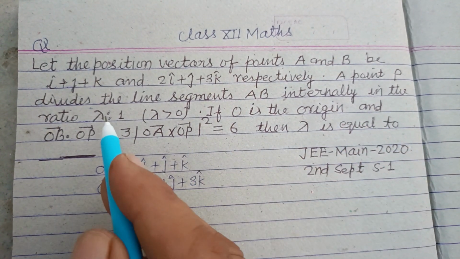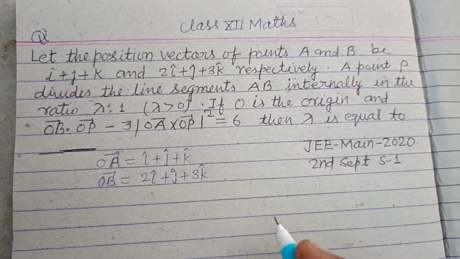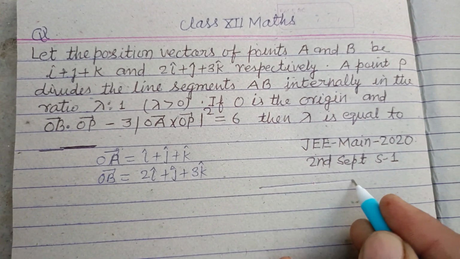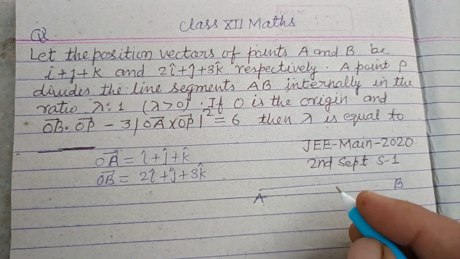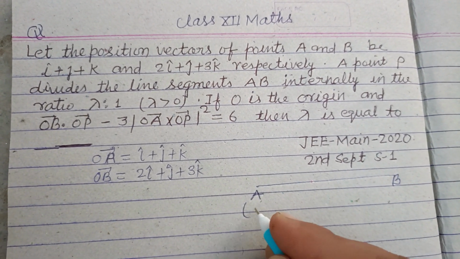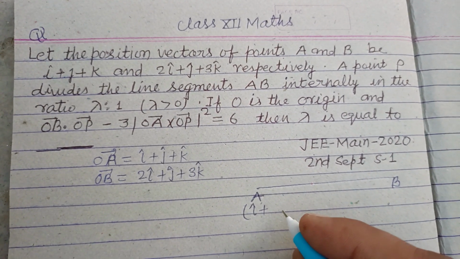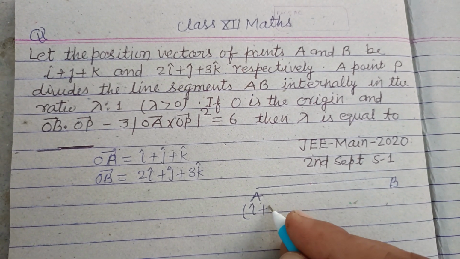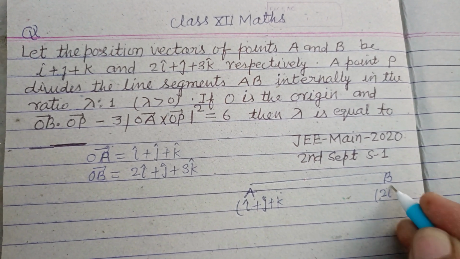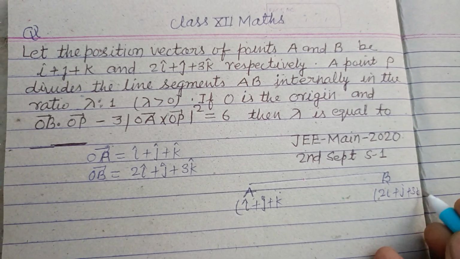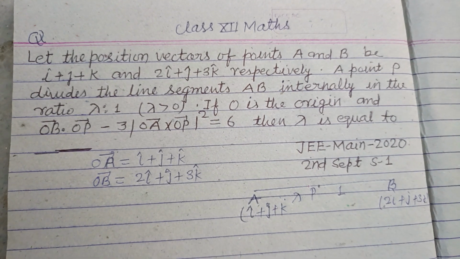A point P divides the line segment AB internally in the ratio lambda:1. So here A and B are two points, and their position vectors are given as i, j, k and 2i plus j plus 3k, and a point P divides it in the ratio lambda:1.